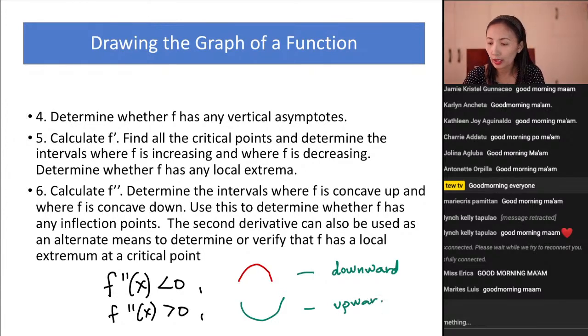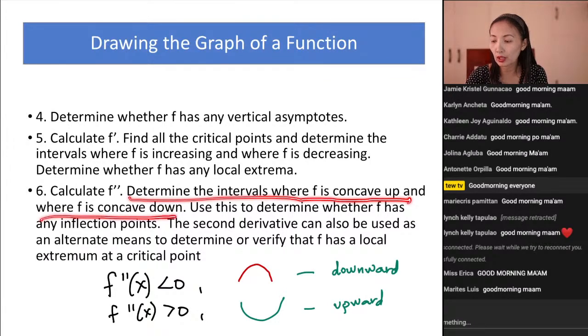So your number 6: determine f double prime. Determine the intervals where f is concave up and where f is concave down. Use this to determine whether f has any inflection points. What is an inflection point?